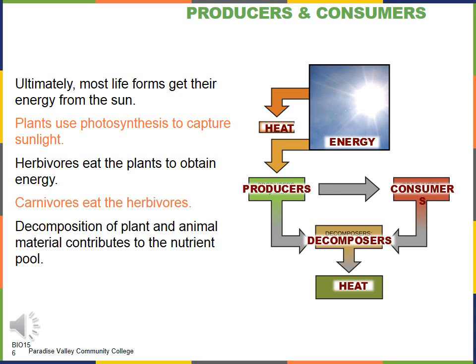The sunlight will come in to specific types of cells that we'll talk about later and reach a pigment called chlorophyll, which I'm sure you've heard before. That gives the plant its green color. And so plants will take this energy in, convert it using photosynthesis and make it into chemical energy, and will store it in the bonds of their cellular makeup.